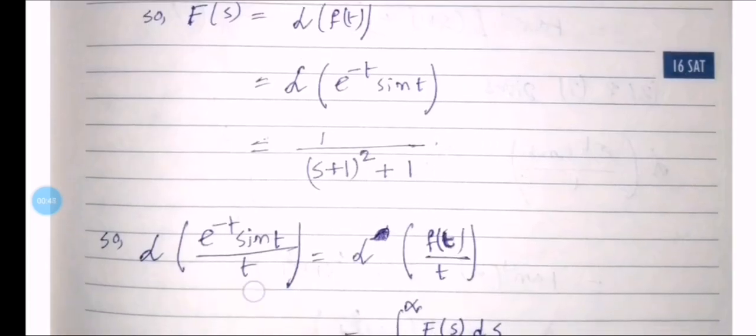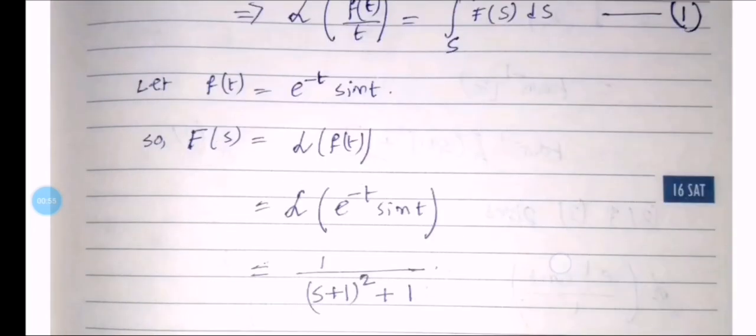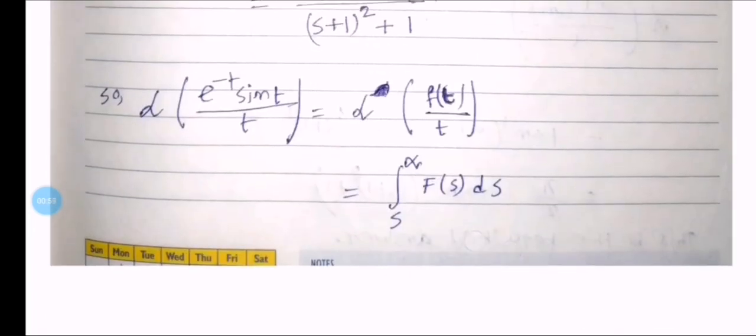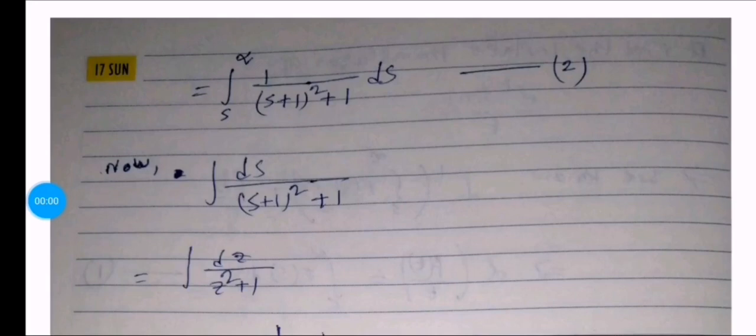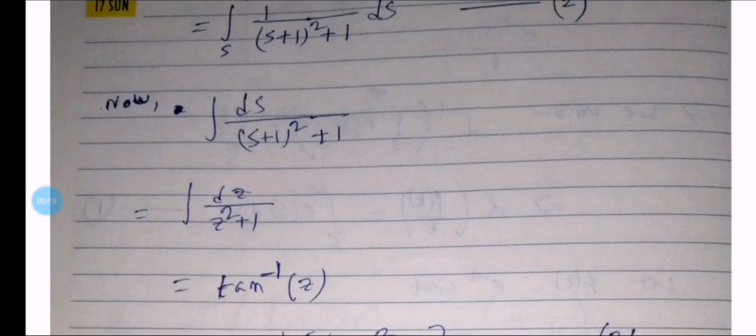So L of f t by t, that is L of e to the power minus t sin t by t, is equal to, by the formula, integration s to infinity F s ds. So integration s to infinity of 1 by (s plus 1) square plus 1 into ds.